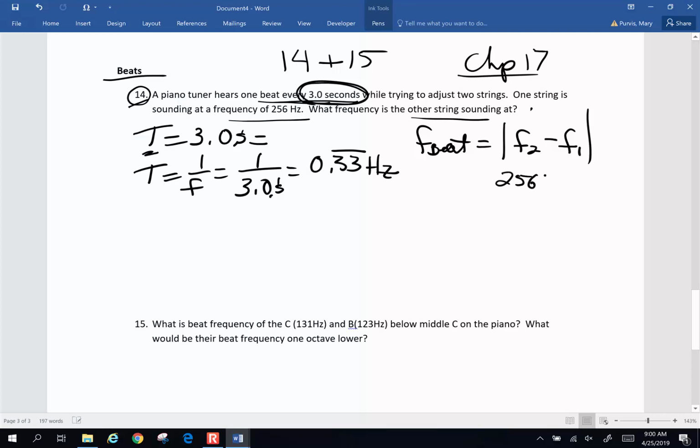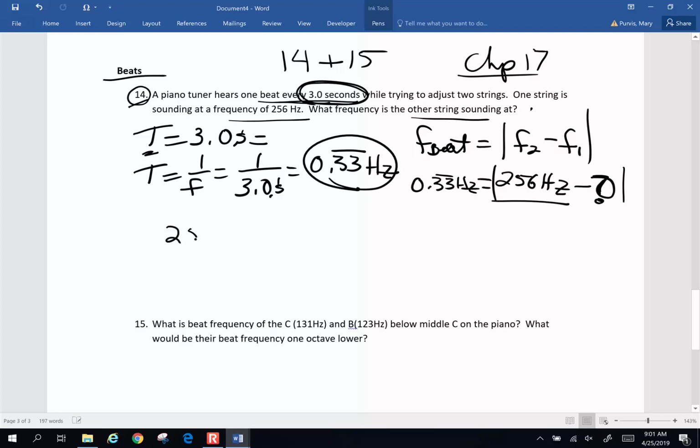So if our sound is 256 hertz, and we're going to have a beat frequency of 0.33 repeating hertz, then what is the other frequency? It is either going to be 256 plus 0.33 or 256 minus 0.33.